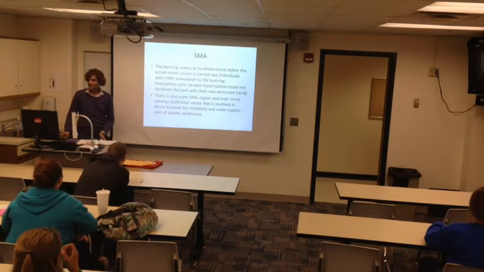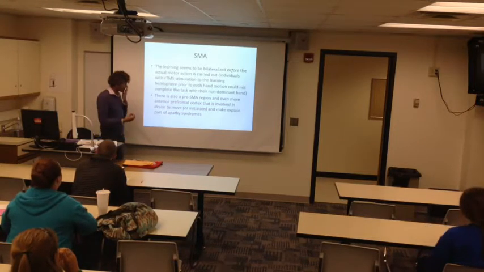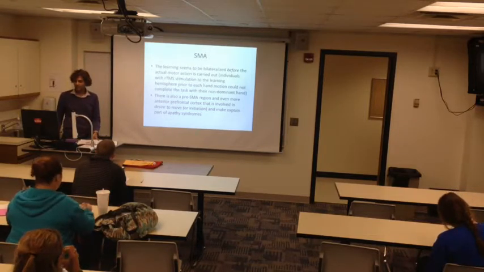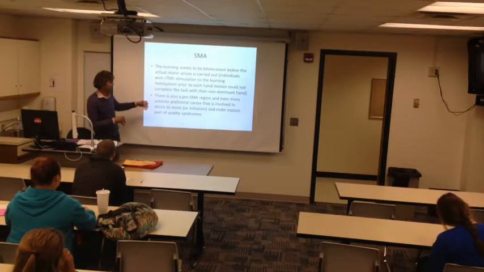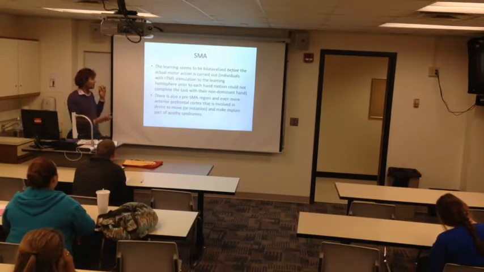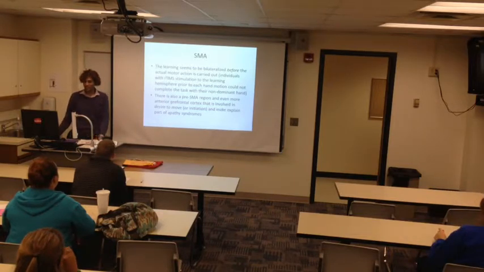First of all, it seems to be bilateralized very quickly, meaning if you're taught a sequence with your right hand, you're actually sending that information to the right hemisphere, because your right hand is controlled by your left hemisphere. The right hemisphere is getting a share of that information even before the actual motor action is carried out.